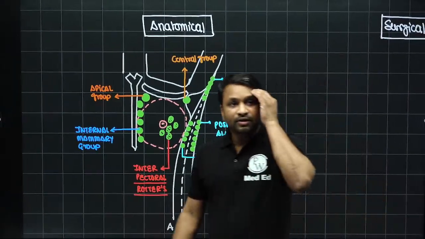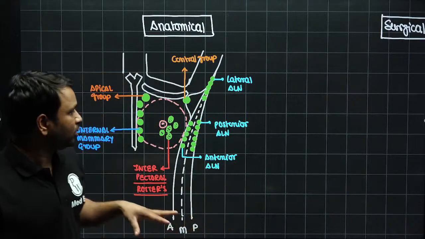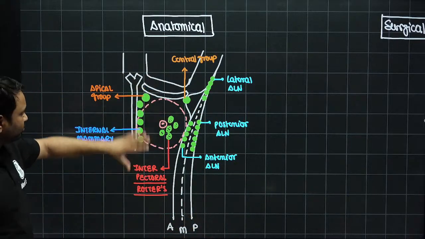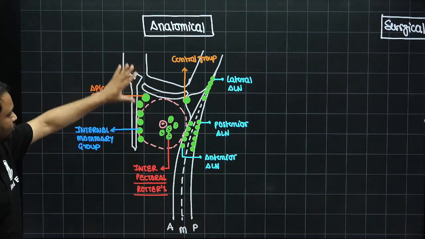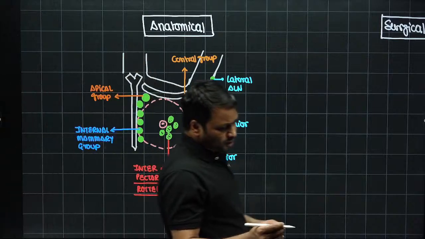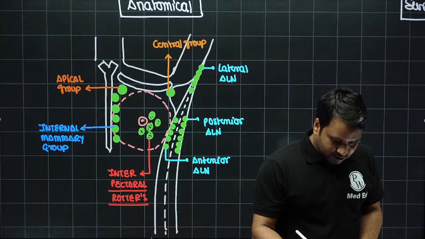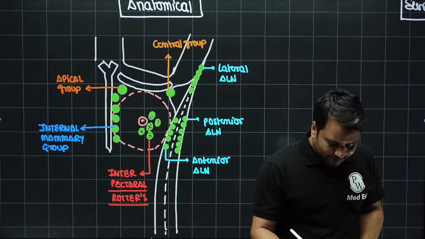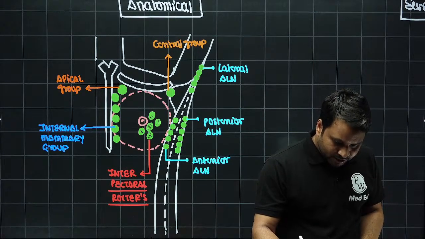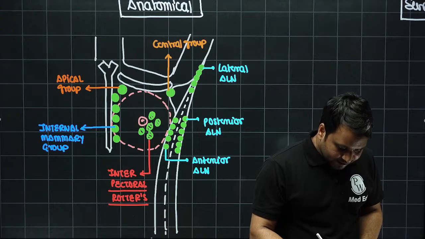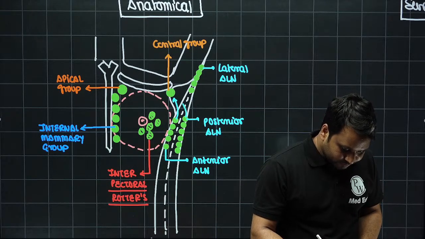So these are the various lymphatics which are going to be present. This is the axillary group, this is the internal mammary, the Rotter's group, the central and the apical group of lymph nodes. When you look at the pattern of lymphatic drainage, you will notice that the axillary group drains into central.